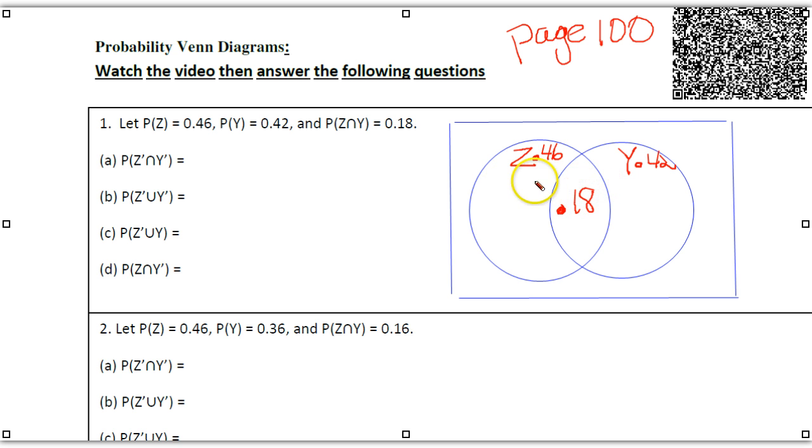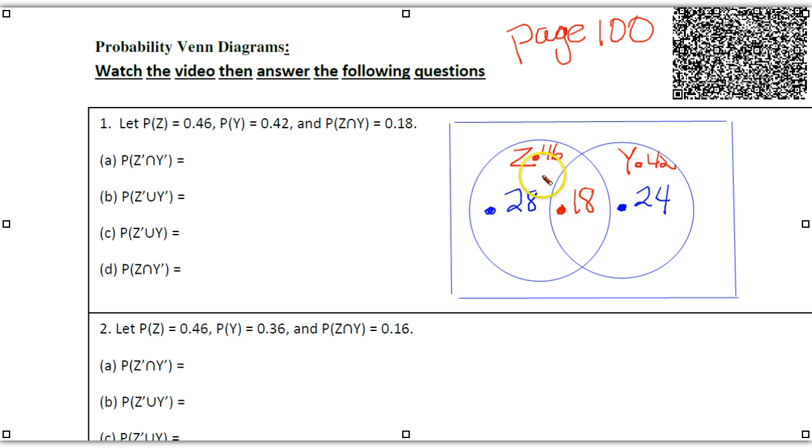So how do we find, if all of Z is 0.46, what is this part here? And I'll put that in blue. Well, if we subtract the 0.18 from the 0.46, we get 0.28. And if we subtract the 0.18 from the 0.42, we get 0.24.